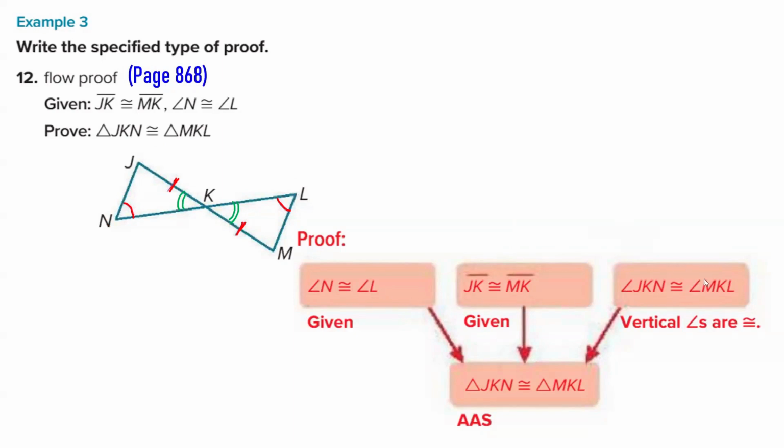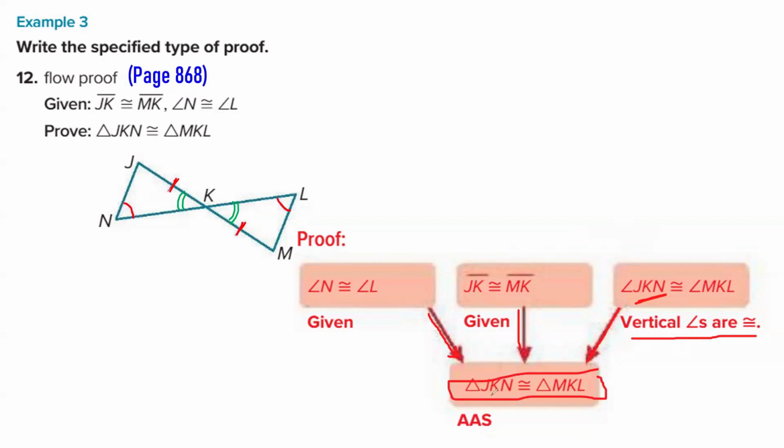Write also the information that you found, which is that angle JKN is congruent to the angle MKL, and write the reason below the key information you have found, because these angles are vertical angles, and all these statements will lead to the conclusion that I need.